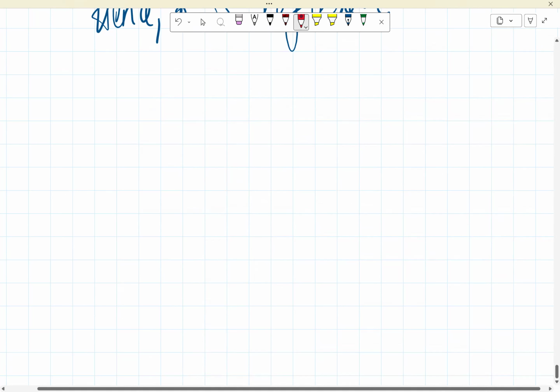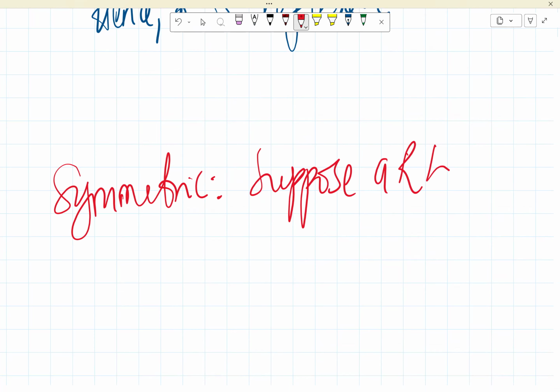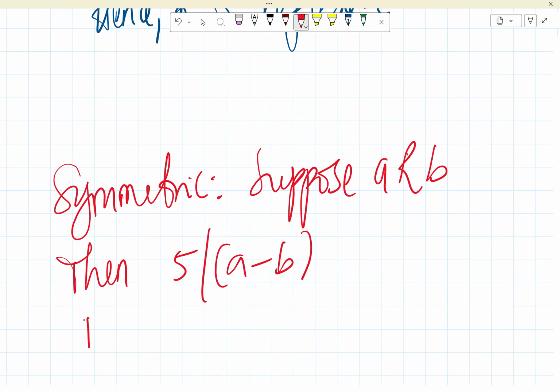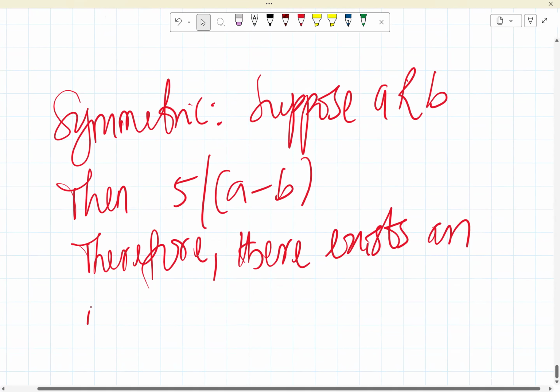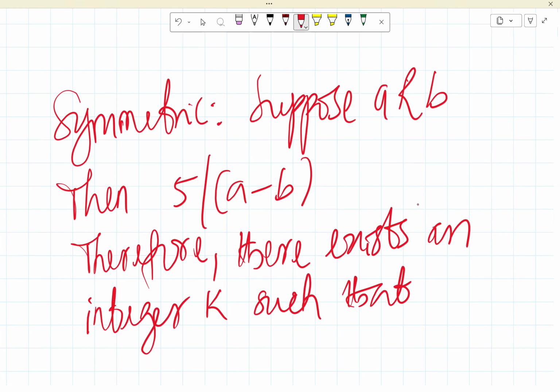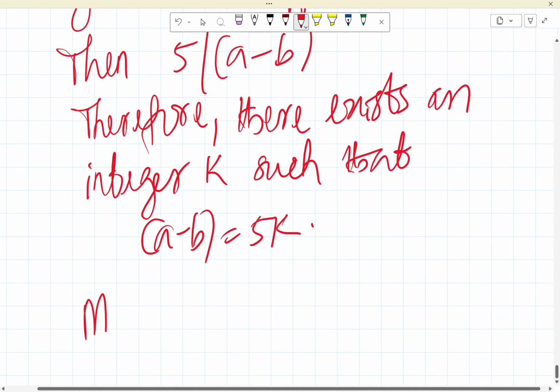So we have symmetric. Suppose A relates with B, then 5 divides A minus B. Therefore, there exists an integer k such that A minus B is equal to 5k.